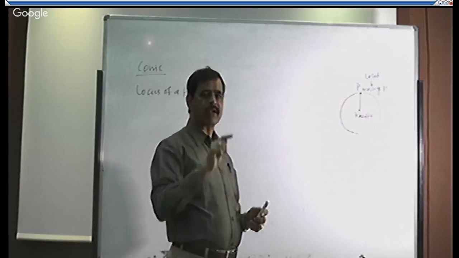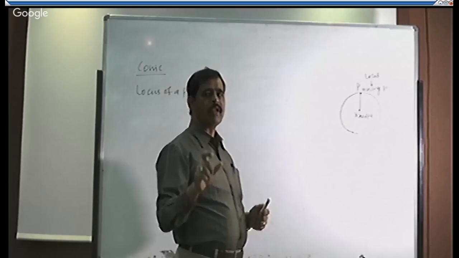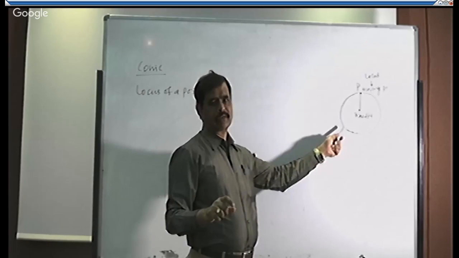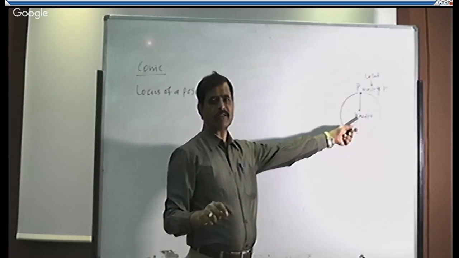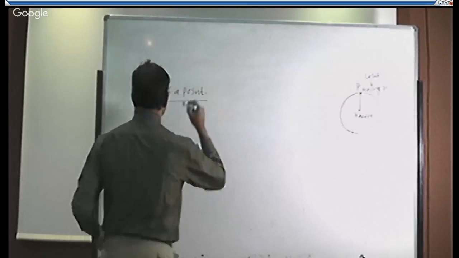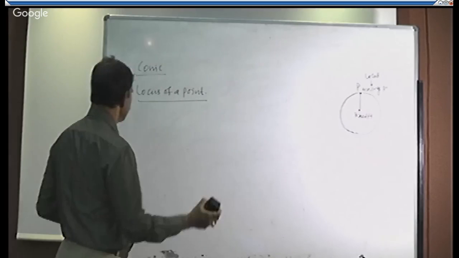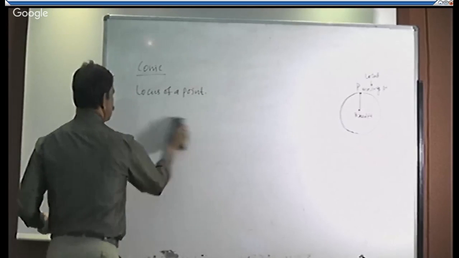Whatever path is traced by the moving point under that condition will be the conic. I have shown it for a circle. Let us take it in general: the moving point is the locus.